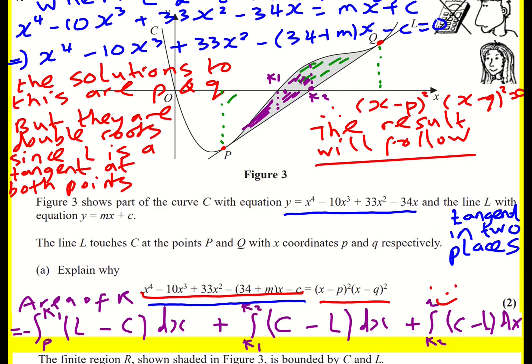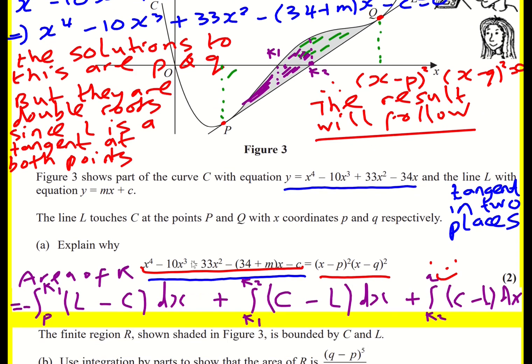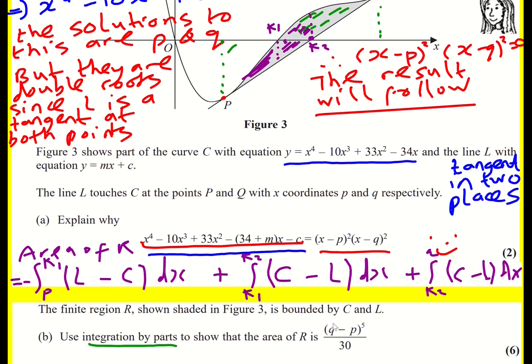This is a really neat question because at no point did we actually integrate the function. Obviously the question guided us, but we used this clever little technique to set it equal to this thing factorized, even though we didn't know what P and Q were. We found the area in terms of P and Q, and we could substitute those values in at this point if we wanted to.